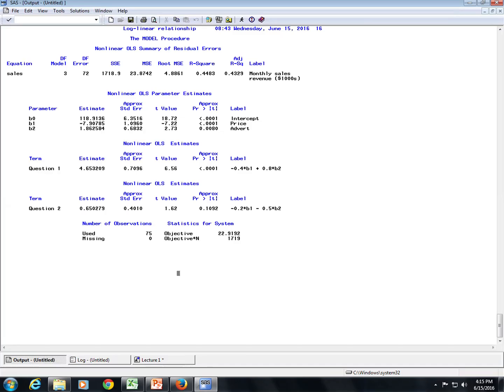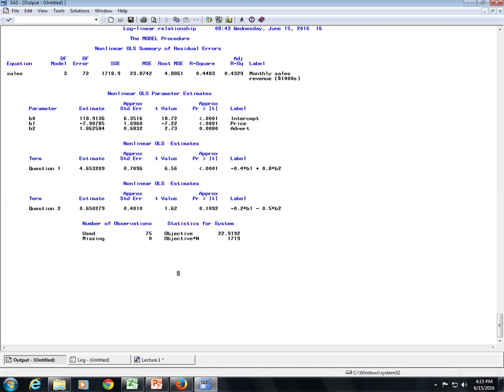Now again, you don't need SAS to do that calculation. We're essentially just doing negative 0.4 times beta 1, so times the negative 0.79, and 0.8 times beta 2, so that's 1.86. You can do that in a calculator. But we're getting a p-value, a significance test, so we could test whether it's significantly different than, say, some historical value, or maybe some target goal that we set.